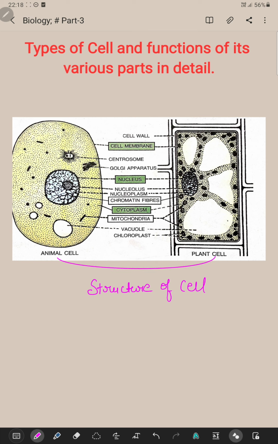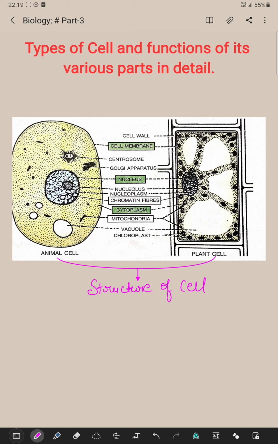These two structures are always talked about in a detailed manner. So whenever I say plant and animal cell, we can easily differentiate it. Animal cell is present in animals and human bodies, and plant cells are present in plants and trees. So first of all, we need to know what it contains, what are its different parts.